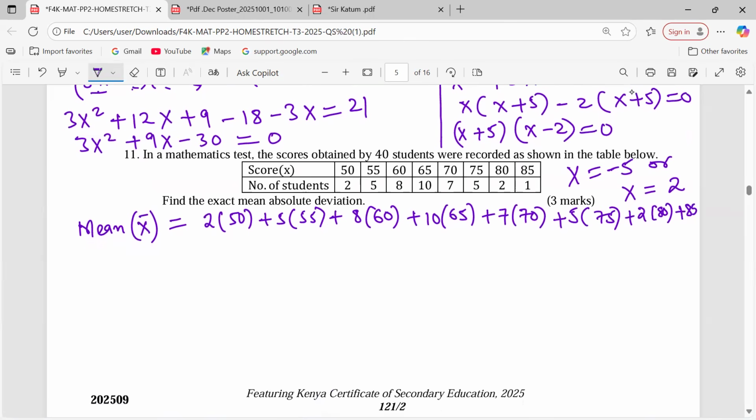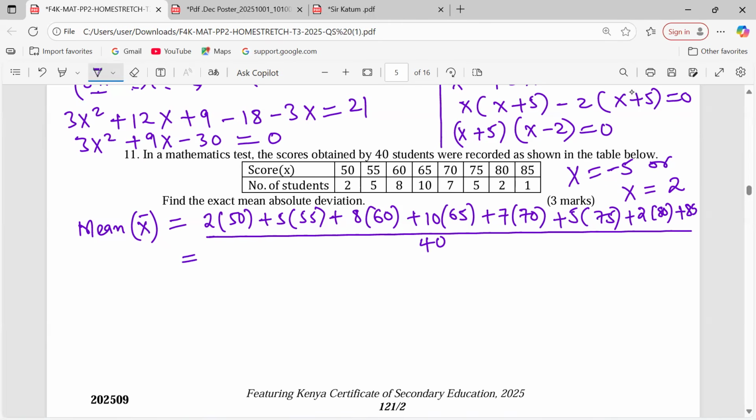So 85 times 1. This will be the total marks. We divide by the number of students, which is 40, to get the mean. Let's get the mean first.